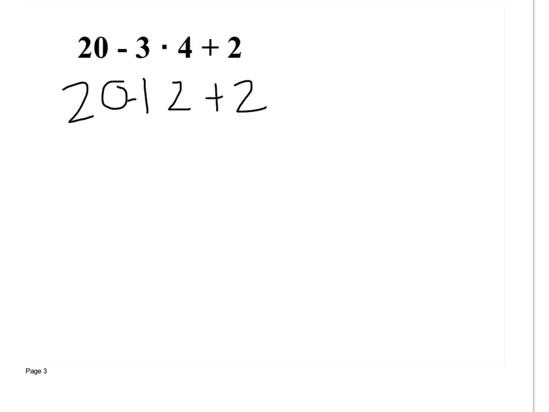You mean 12? Yeah. 20 minus 12. You add and subtract, left to right. We don't do 12 plus 2 first. First thing we do is we subtract. 20 minus 12 is 8. Carson, what do I do next? 8 plus 2, which is what? 10.